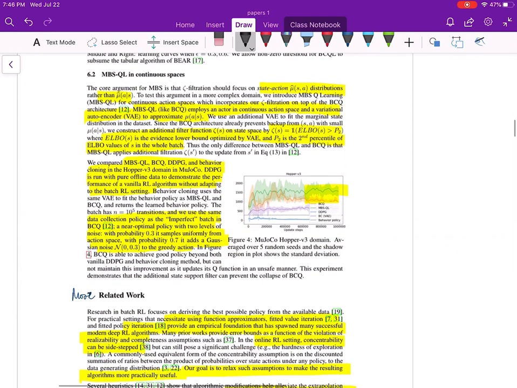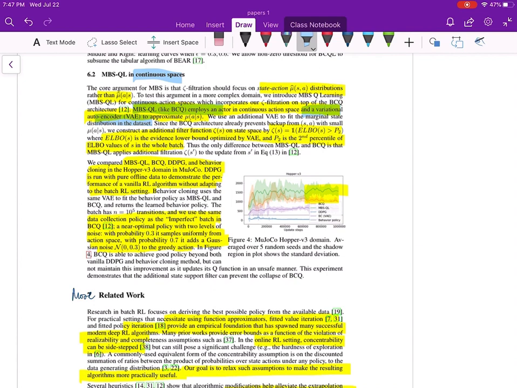Let's go ahead with the next section where they provide the experiments for continuous spaces. So here, MBSQL is an extension of the normal MBS, which incorporates BCQ on top, and a variation of a VAE autoencoder to approximate the policy space.